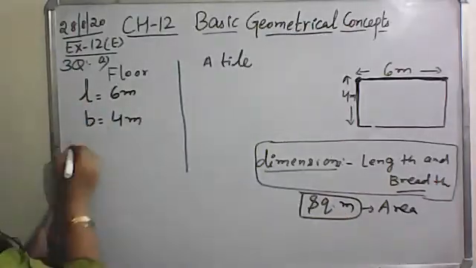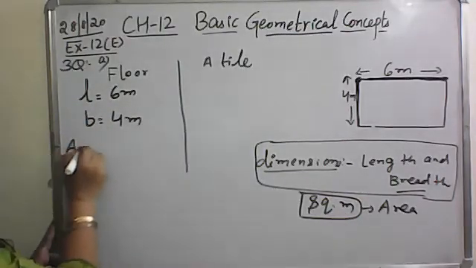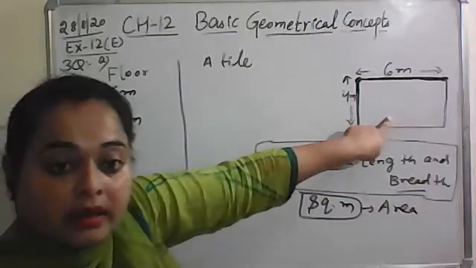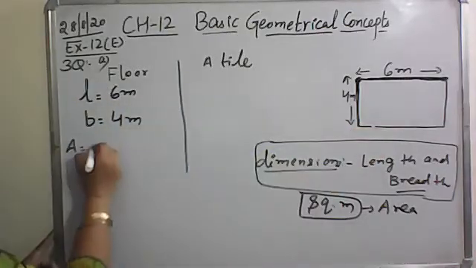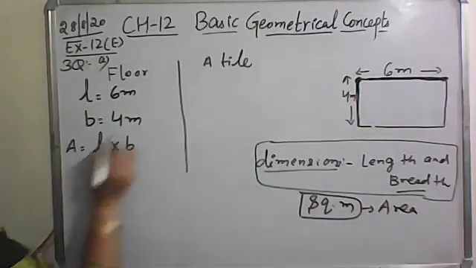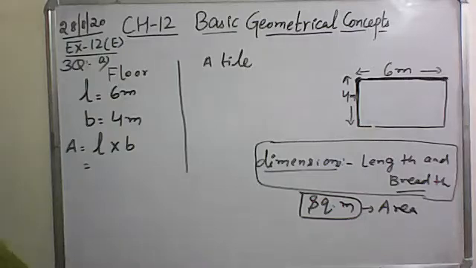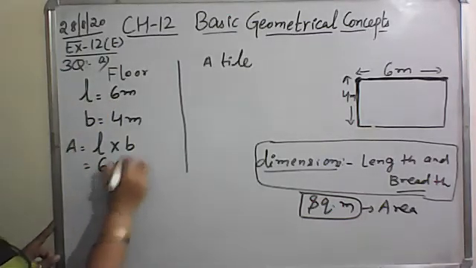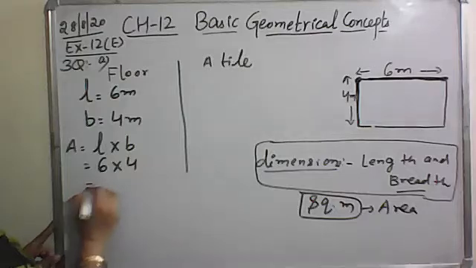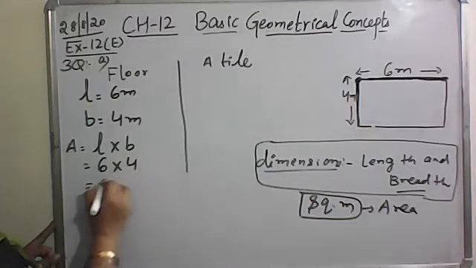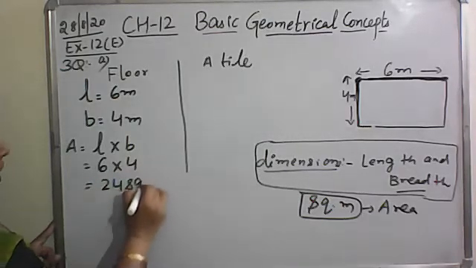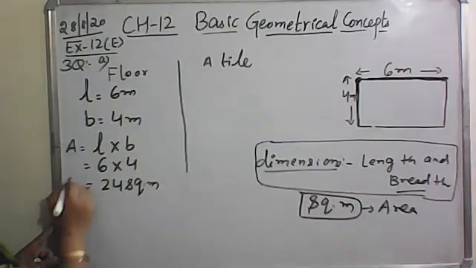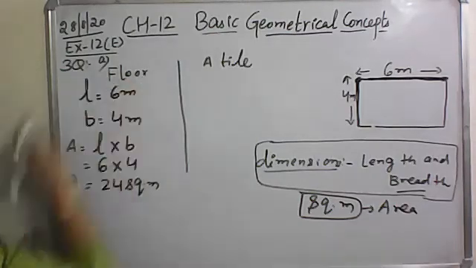The floor is in the shape of a rectangle, so area of rectangle is length into breadth. The length is 6, the breadth is 4. So 6 multiplied by 4 is 24 square meter. This is the area of the floor.